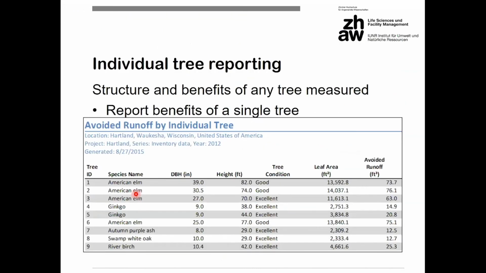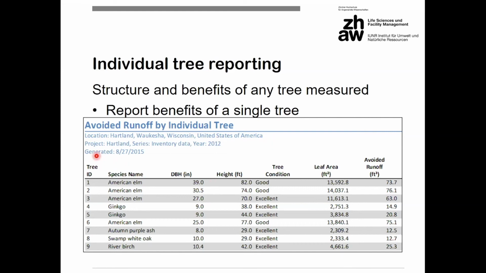What do you get from I3? You can do an individual tree reporting, which contains structure and benefits of any tree you measured, and get a report of the benefits of every single tree. Here, as an example, we have the avoided runoff by individual tree you measured.